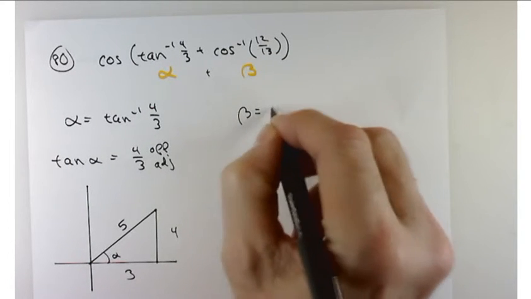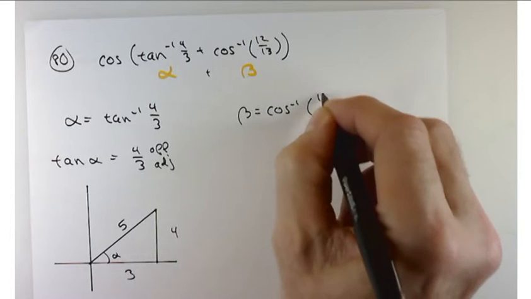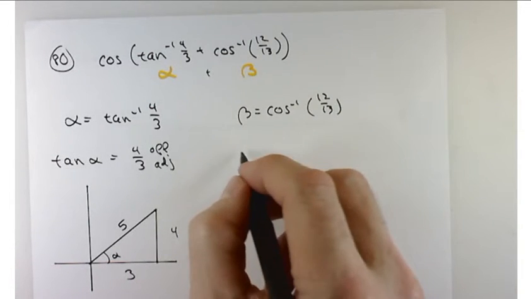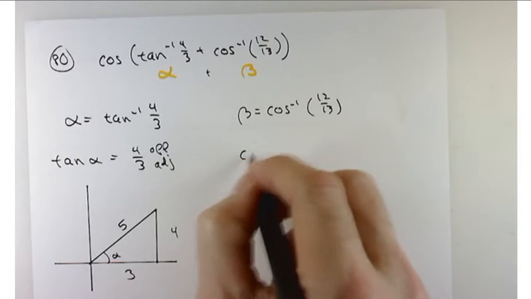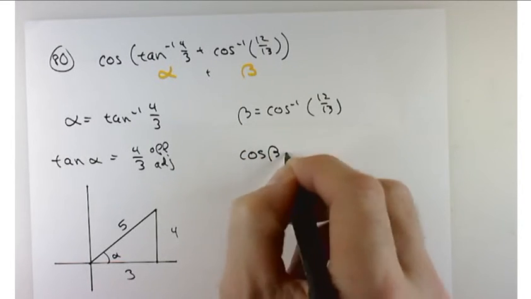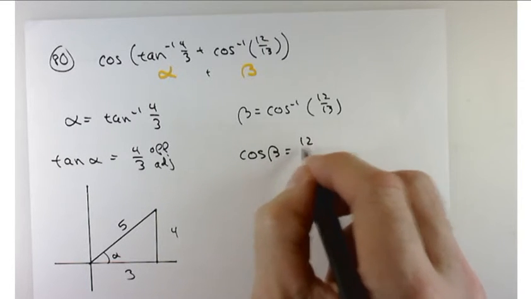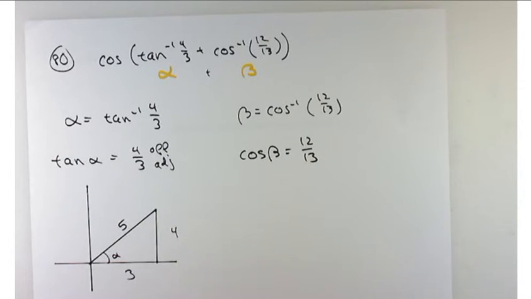So try and draw beta. Now remember, let me write it down again here. So, CAH, TOA. What sides am I working with when I'm working with the cosine? Cosine is what over what?